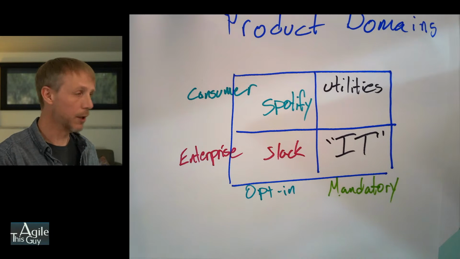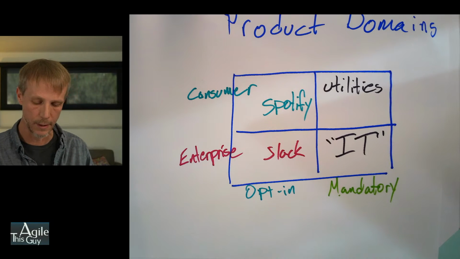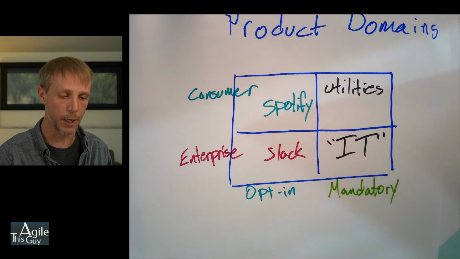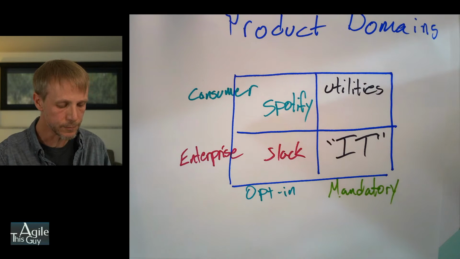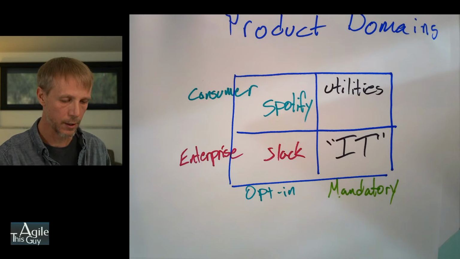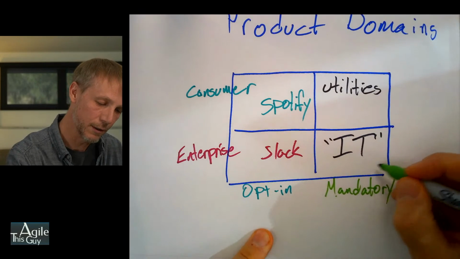I think part of this question is also that product ownership varies by these different product domains. This is the place where you'll also hear people get a little stick figure going here.